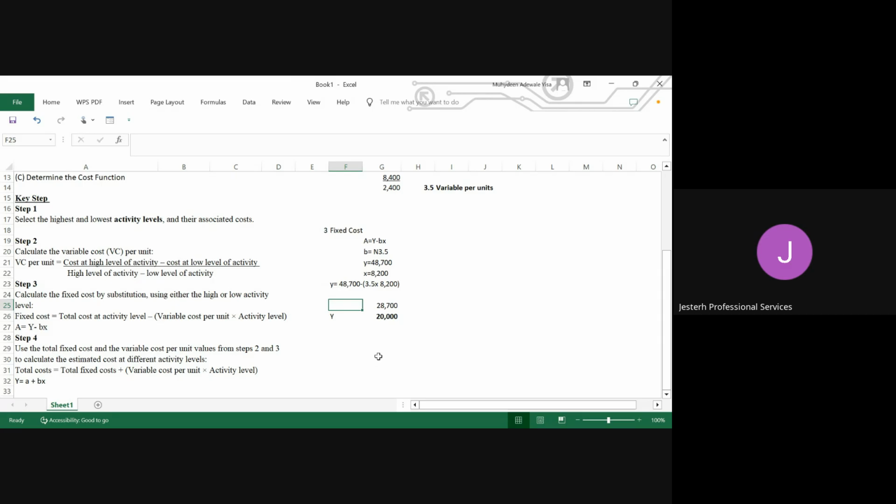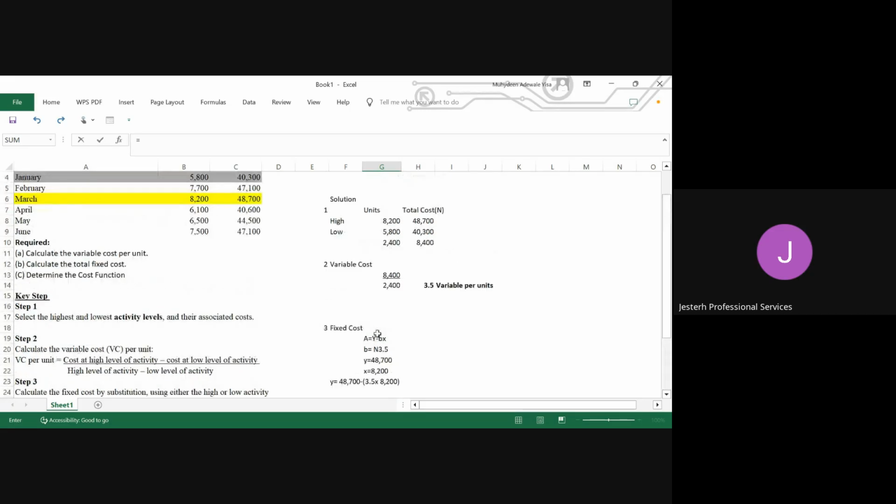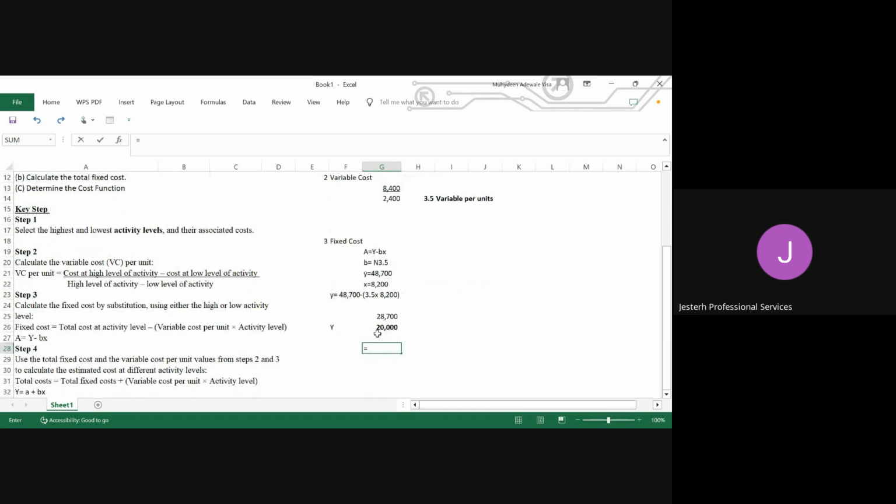Now, let's test if what we calculated is going to give us our total costs associated with the 8,200 units. Now we'll say 20,000 plus 28,700.